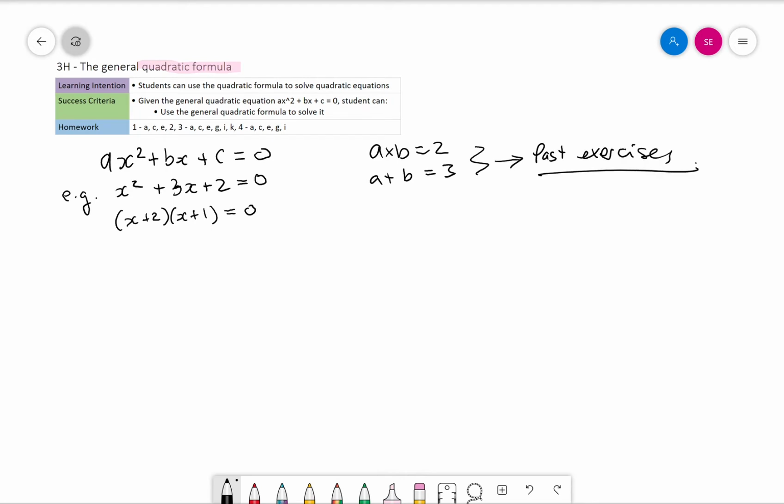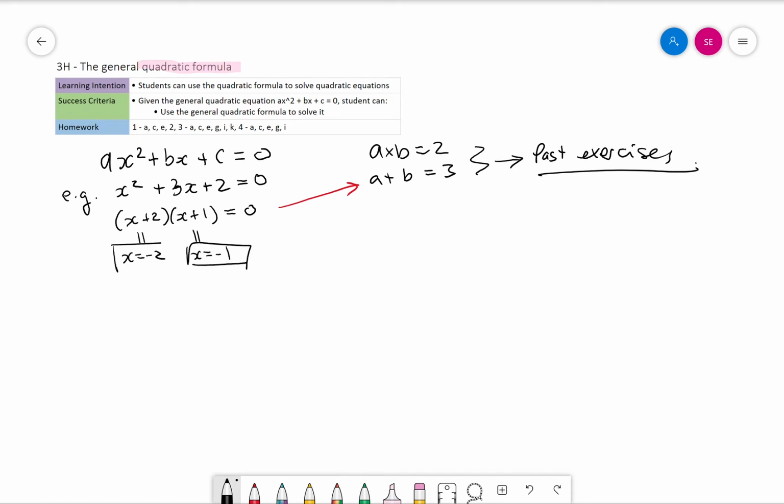Alright, so this is what we have been doing. But there's this formula that works basically 100% of the time. Actually, before we do that, the values here are x is equal to minus 2 and x is equal to minus 1.